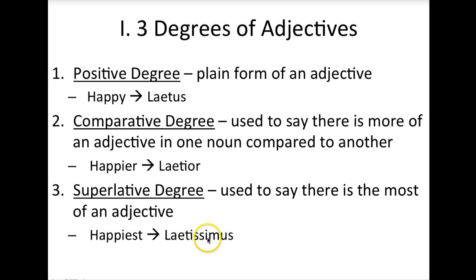So in this one we have a double S. Sometimes you have a double R or a double L, but the double letter is really helpful in superlatives. So laetus, laetior, and laetissimus. The longer word means that it's the most, the highest degree of adjective. So that's kind of helpful for us too.